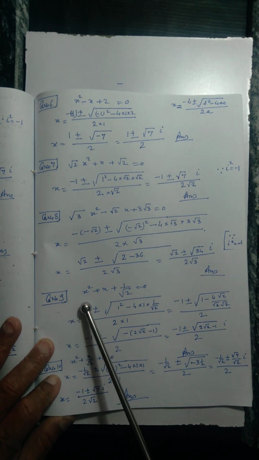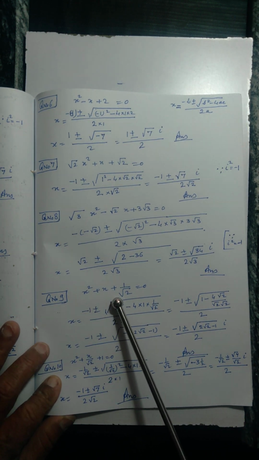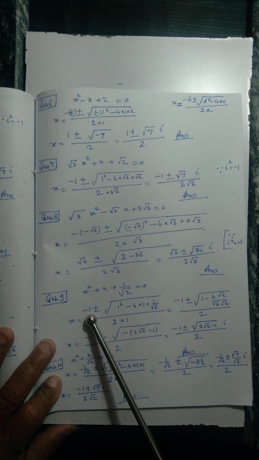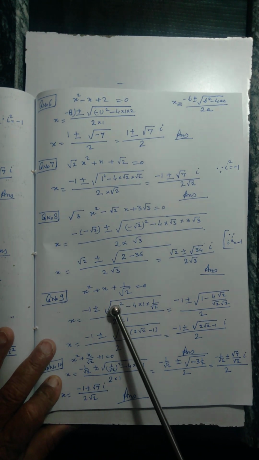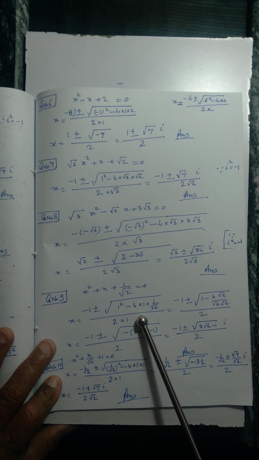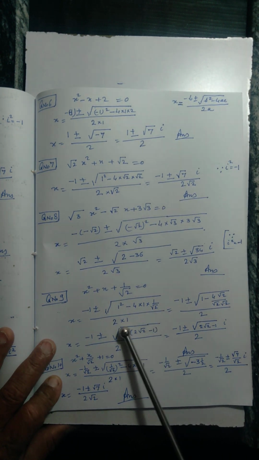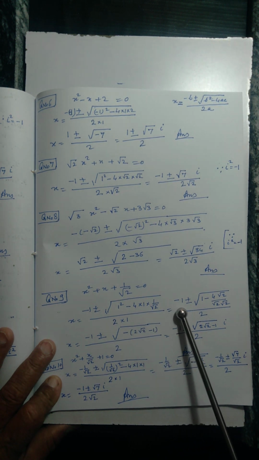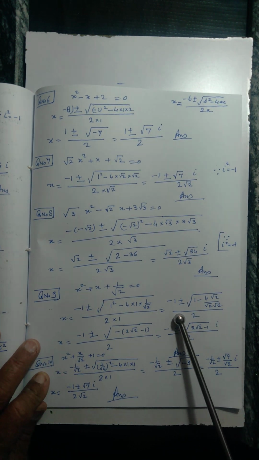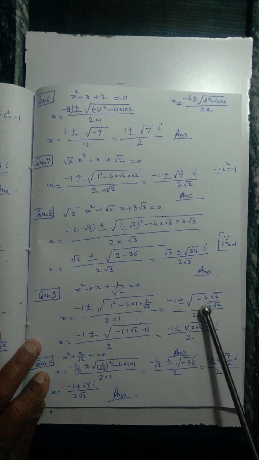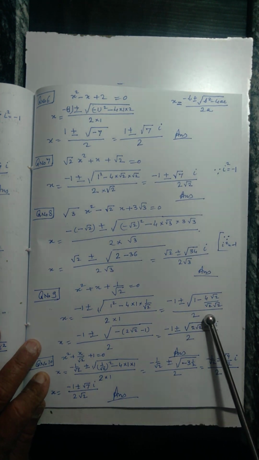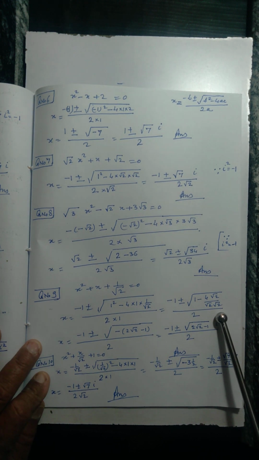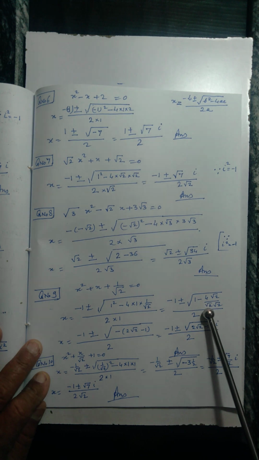Question number 9. X square plus x plus 1 by root 2 equal to 0. X is equal to minus 1 plus minus root of 1 square minus 4 into 1 by root 2, whole divided by 2 into 1. And it will be equal to minus 1 plus minus root of 1 minus 4 root 2, whole divided by root 2 into root 2. I have rationalized it here, and this 4 will be cancelled.